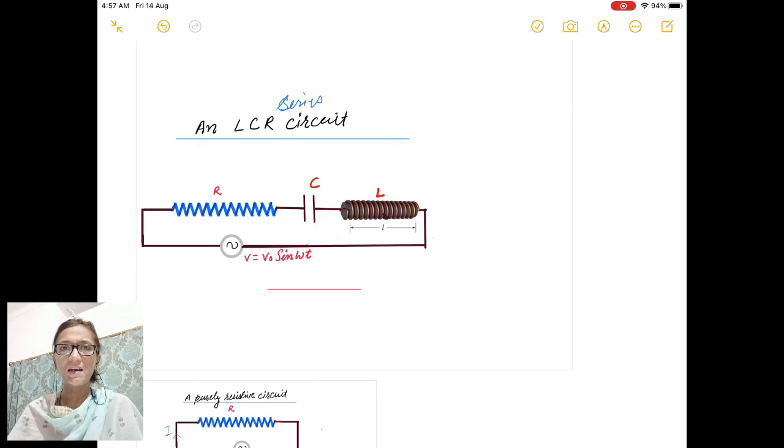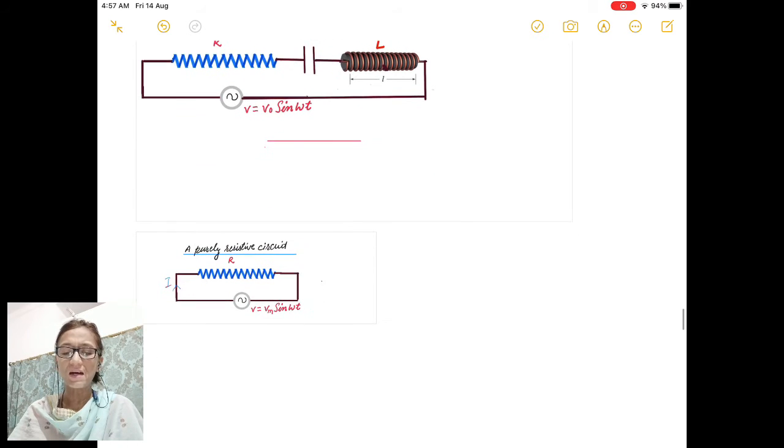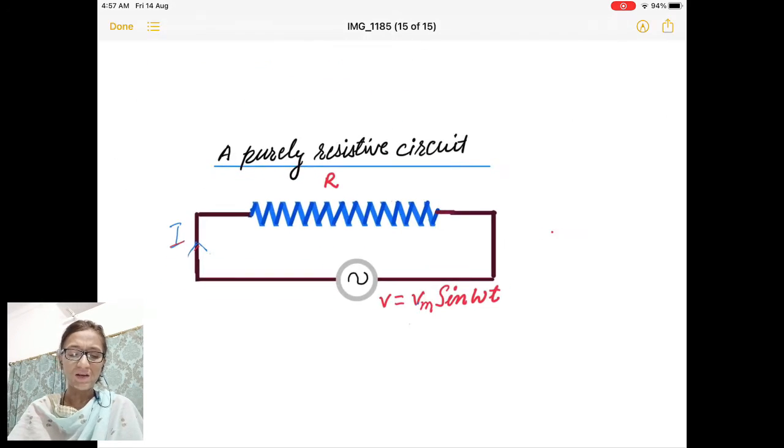When all the three are connected in series, then this is called a series LCR circuit. Now all the electrical components can also be connected in parallel. Then you have parallel circuits. So let me start with the one that is called purely resistive circuit.